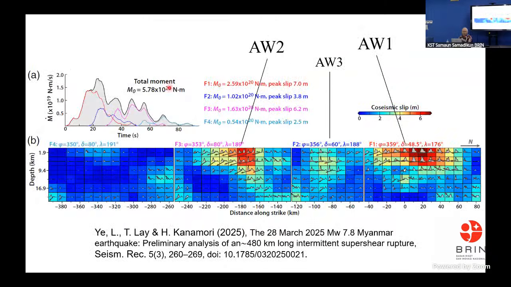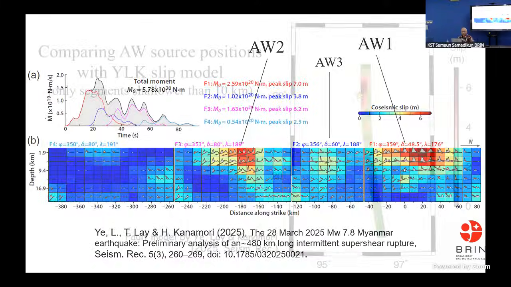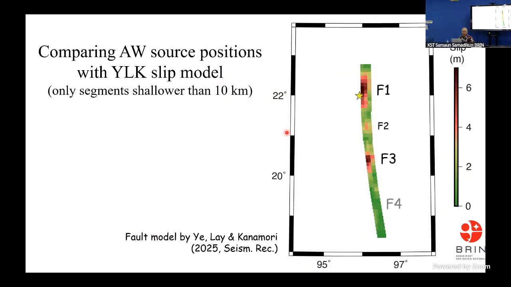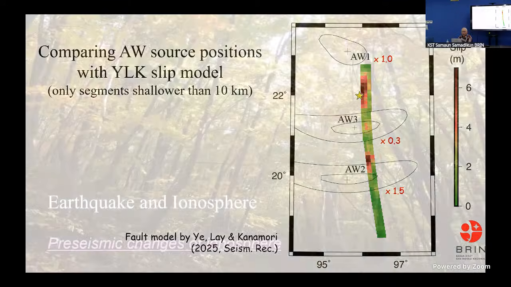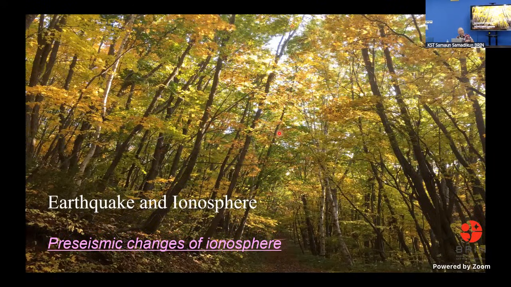So this corresponds to acoustic waves 1, 2 and 3. And this is comparing the fault slip and the source of the three acoustic wave centers. So yeah, we could know the crustal deformation by using the ionosphere.